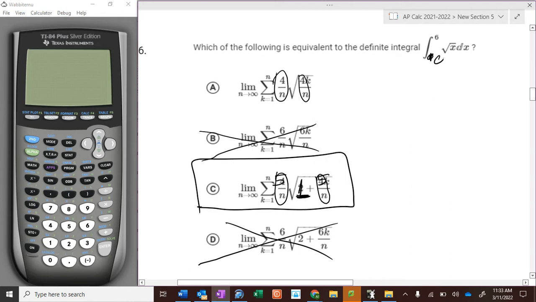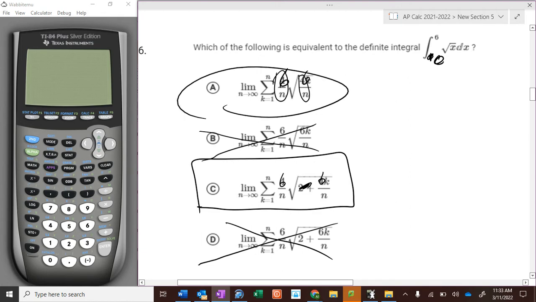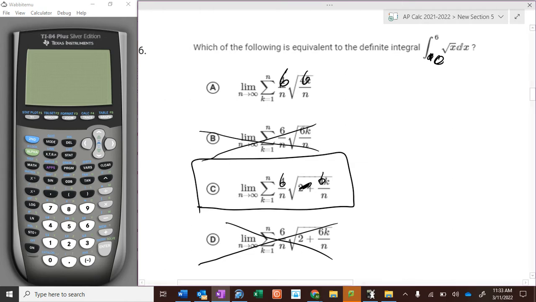If this was a 0, which happens a lot, then it would be 6 and 6, and you'd use this one because it's 0 plus. There's no add in that. Okay? If it's a 0. If it was 6, then B. If it was 0, then it would be B. Yeah. So.